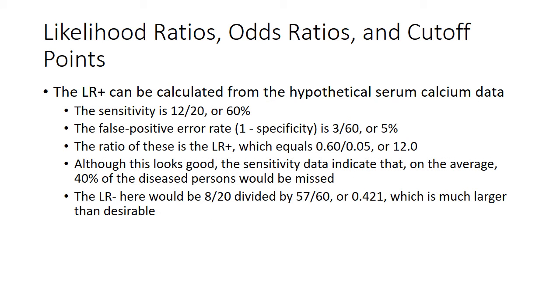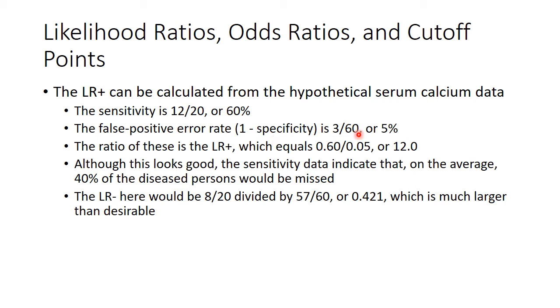So moving back to our serum calcium data, we can determine what our likelihood ratios are going to be, both for positive and negative. Remembering that our sensitivity was 12 out of 20, or 60%, so the sensitivity was not great here, and then dividing that by the false positive error rate. Now, as you remember, false positive error rate plus specificity should equal 100%. So you could do 1 minus specificity to get that false positive error rate.